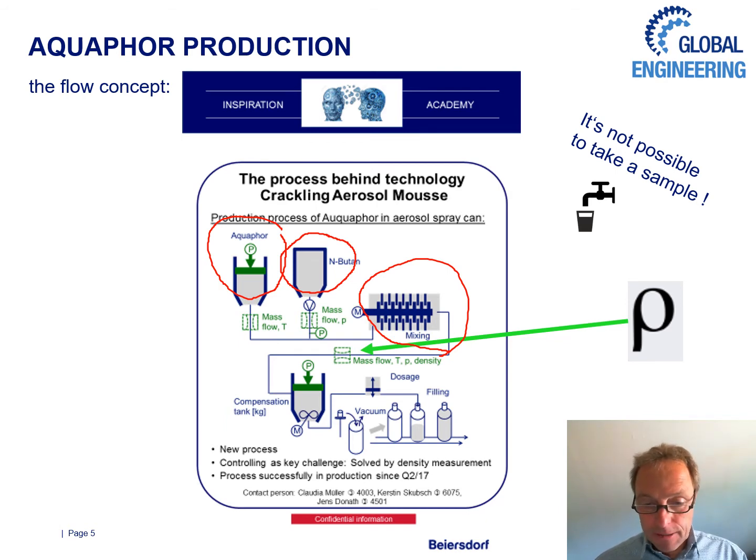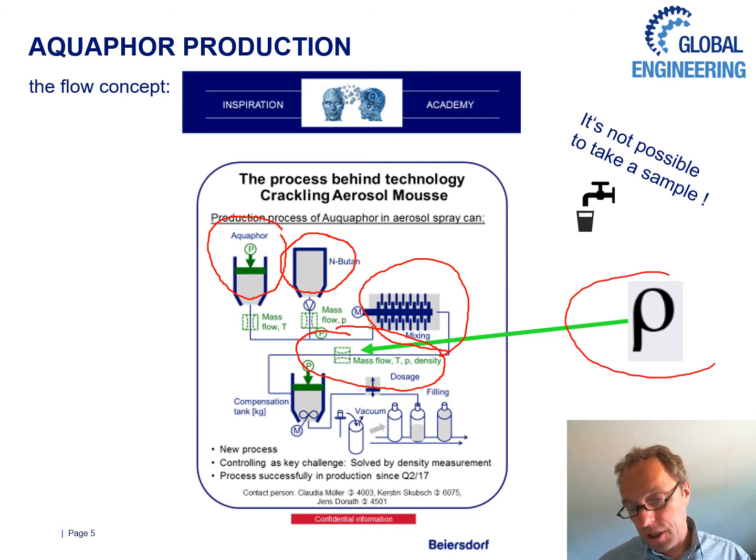Afterwards there is again a mass flow cell. With this mass flow cell we don't measure the mass flow, we measure the density, and this gives us information about the product which we have after the mixing cell. Then it goes into a small compensator and from there into the aerosol can.